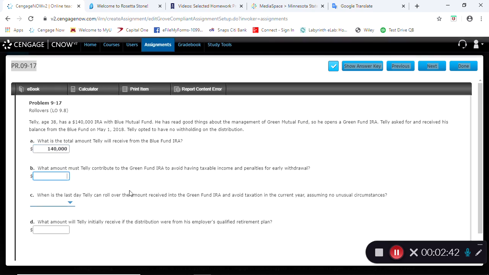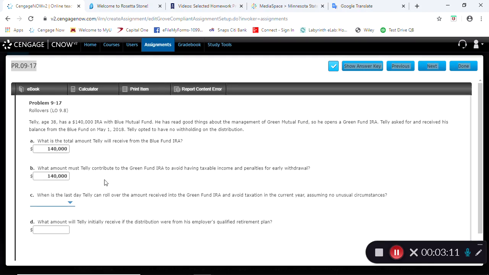What amount must Telly contribute to his new IRA to avoid having taxable income and penalties for early withdrawal? So he has to put that entire $140,000 into his new IRA. He doesn't get to take some of it and go on a vacation or buy a new car. He certainly could. That's an option for him, but it's not going to be a wise option when it comes to taxability.